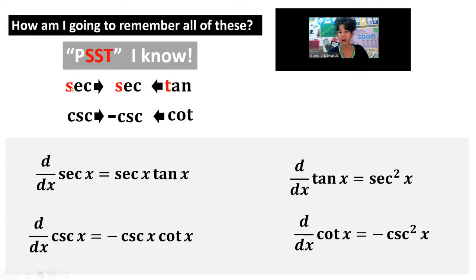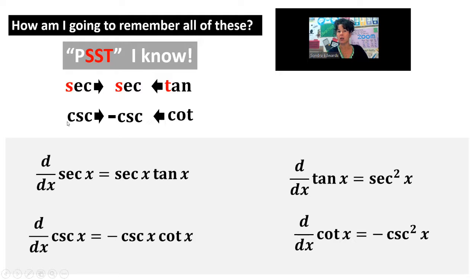Just follow the arrow. Let's start here. If you have secant, the derivative of secant, follow the arrow. The derivative of secant is secant times tangent. Okay, start on this side. What is the derivative of tangent? Follow the arrow. Secant times secant. Ooh, secant squared. What is the derivative of cosecant?